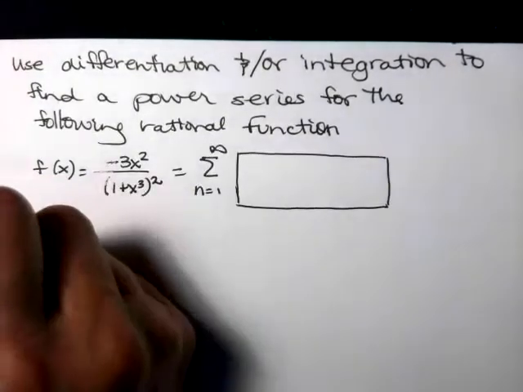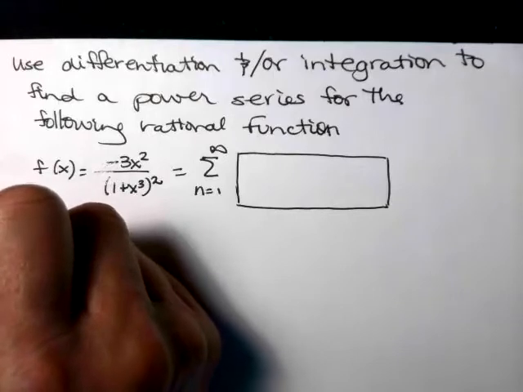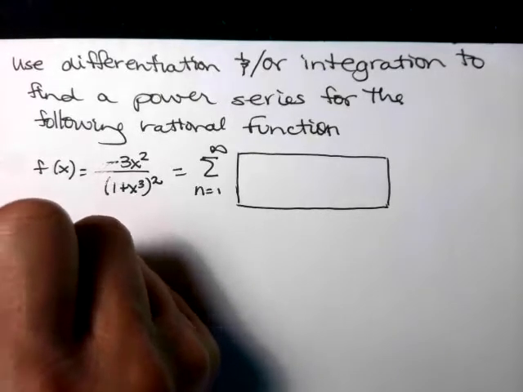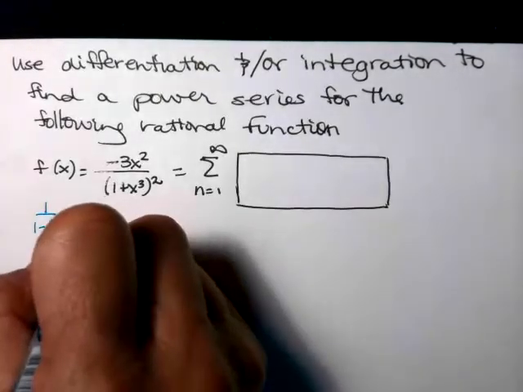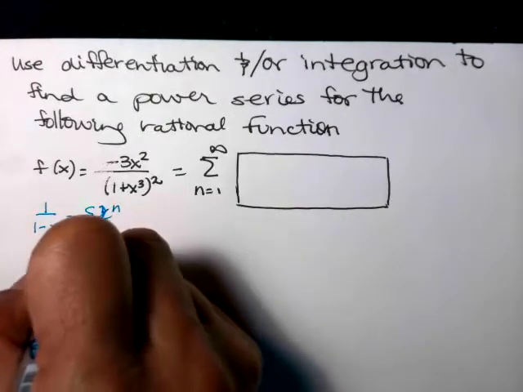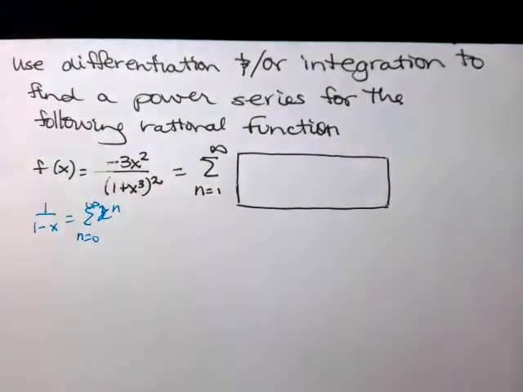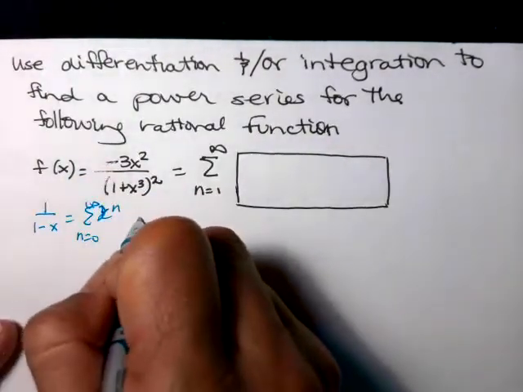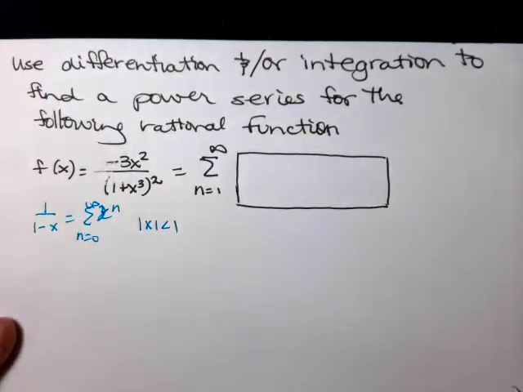So here's our little recall. We know that 1 over 1 minus x can be represented as the series sum of x to the n, n equals 0 to infinity, for the absolute value of x less than 1.